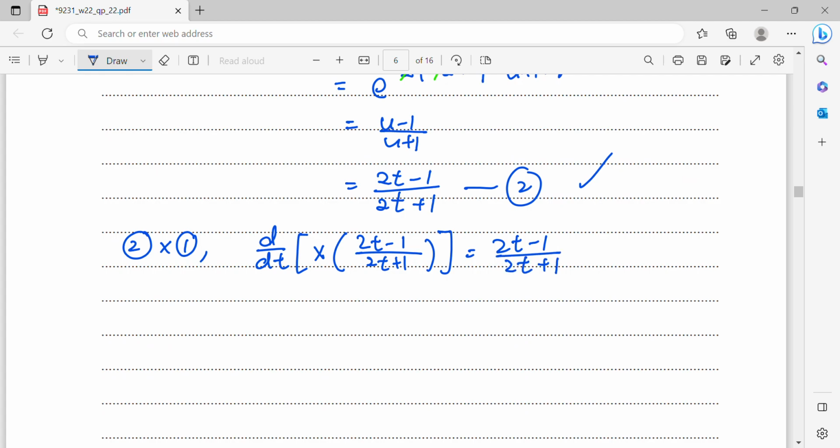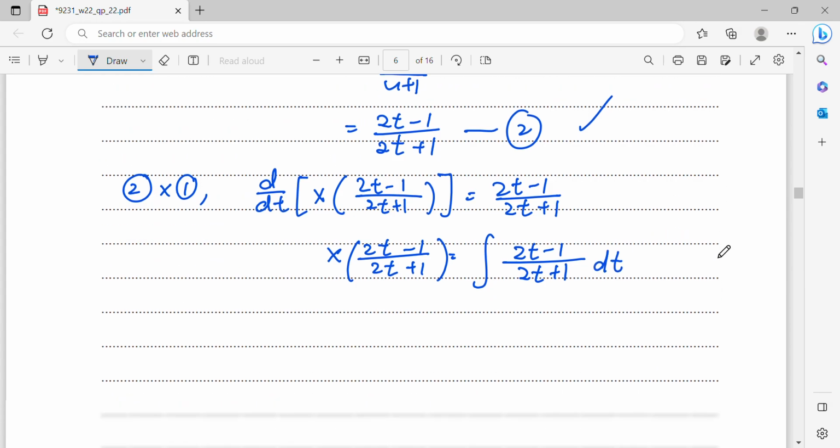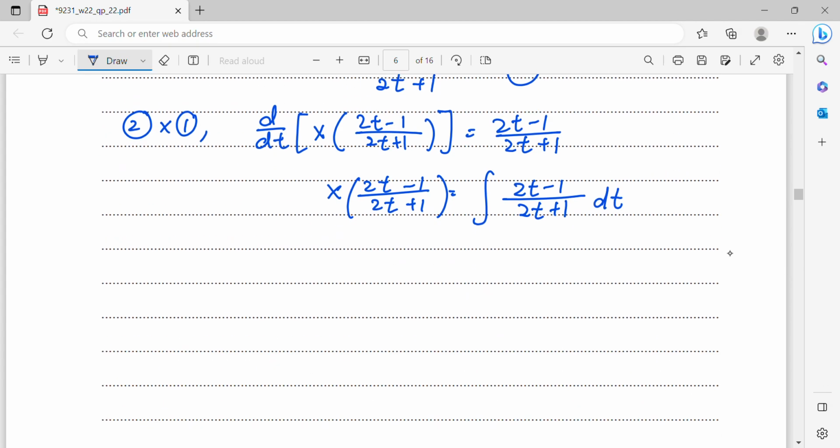Okay, so now to get the x, I need to move the d over dt to the right-hand side. So it becomes the integration of 2t minus 1 divided by 2t plus 1 dt.